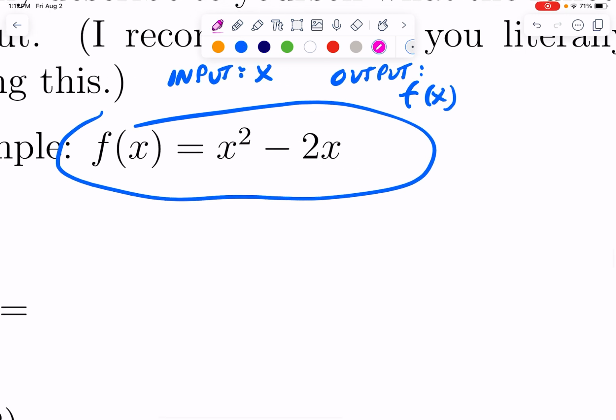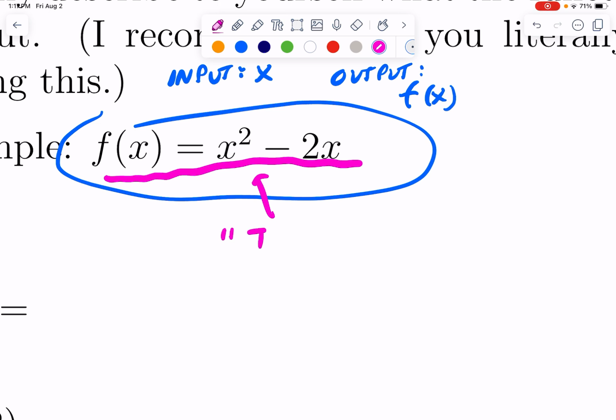But I strongly recommend whenever you see the rule like this, in your head, think to yourself, could I describe what this is, not using the name x, but simply the word input.